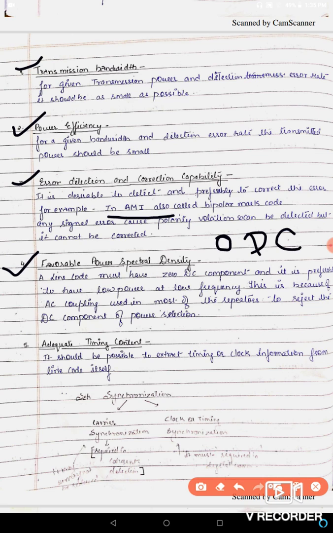Why is it important? Because we are using AC coupling. If DC is there between two regenerative repeaters, then it is going to be neglected and it may introduce error in transmission. The first part is that it must have zero DC component.